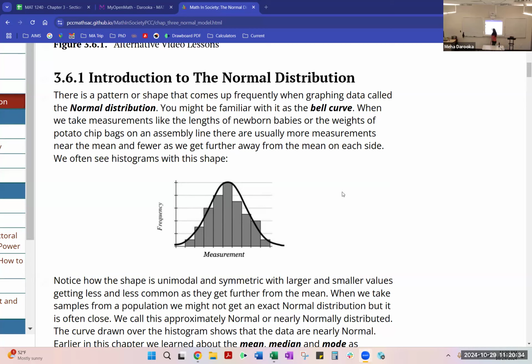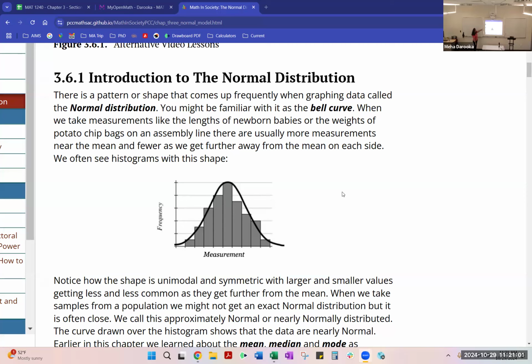So here we're saying there is a pattern or a shape that comes up frequently when we are graphing data, and that is what we call the normal distribution, or sometimes we call it the bell curve. So when we take measurements like length of newborn babies or weights of potato chip bags on an assembly line, this is where you will normally see that we will have that one peak in the center for our mean or median.